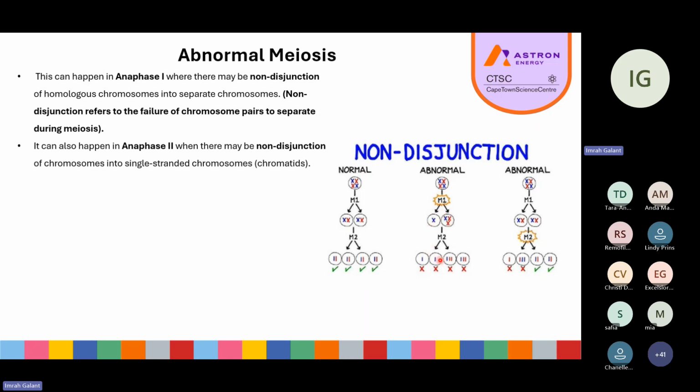This results in an abnormal distribution of chromosomes. Then we have another abnormal meiosis, where this one occurs in meiosis 2 in anaphase 2. It shows non-disjunction happening in meiosis 2, and one chromosome fails to separate properly, which then results in one cell with an extra chromosome and another cell missing a chromosome.